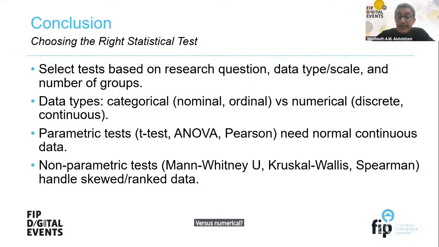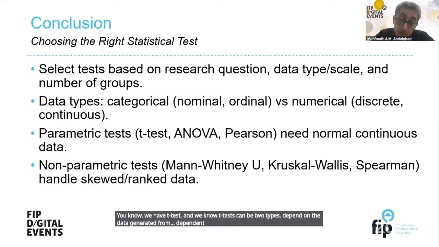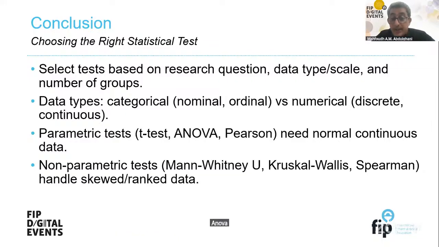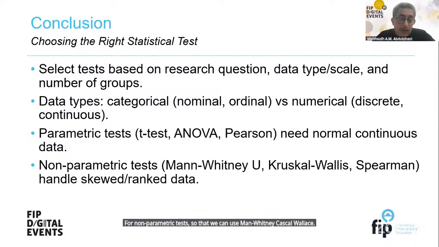For parametric tests, we have the t-test, and the t-test can be of two types, depending on whether the data is generated from dependent or independent groups. ANOVA and Pearson need normal continuous data. For non-parametric tests, we can use Mann-Whitney and Kruskal-Wallis. This is for ranking data.